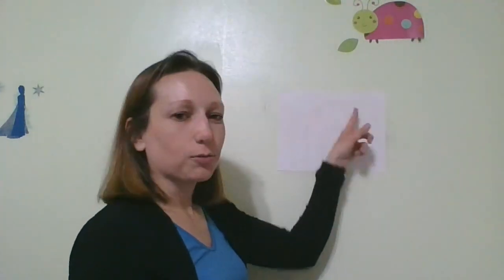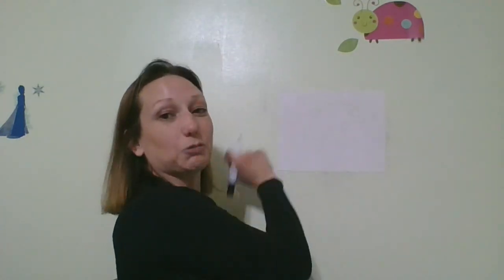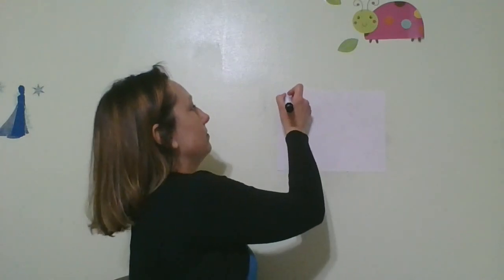Nice job. Let's get ready to write the alphabet to warm us up for writing. Remember, we do A through M on one line and N through Z on another. So go ahead and write, and I will write along with you.